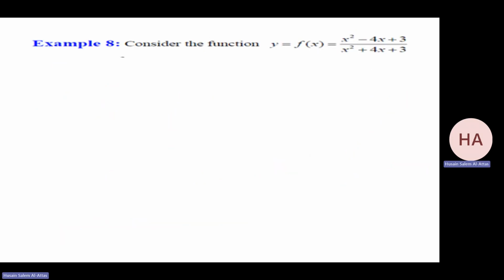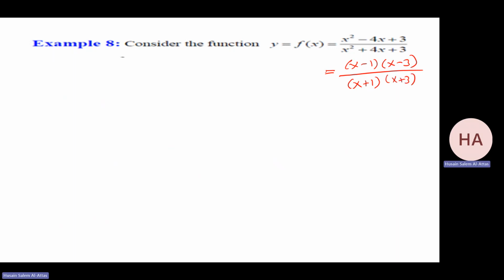Okay, let me finish by this graph of the function, which is easy one, but you need to figure out one thing. This is x minus 1 over x minus 3 over x plus 1 times x plus 3.